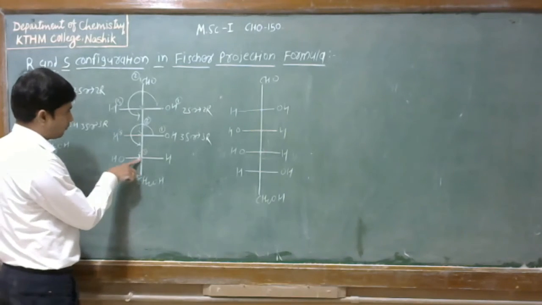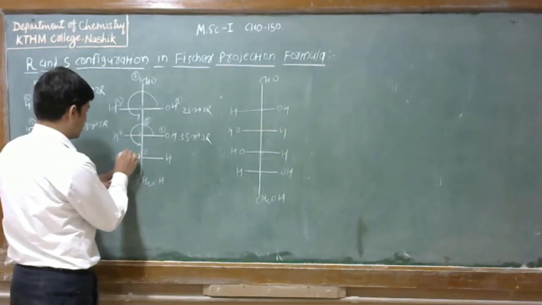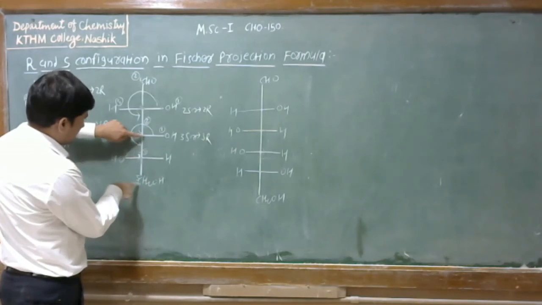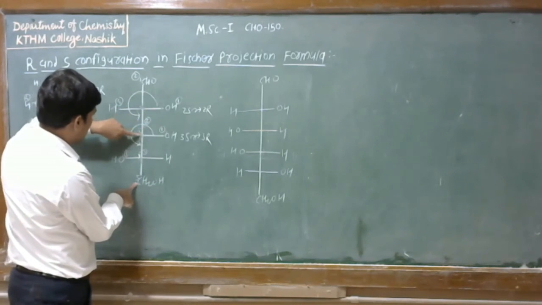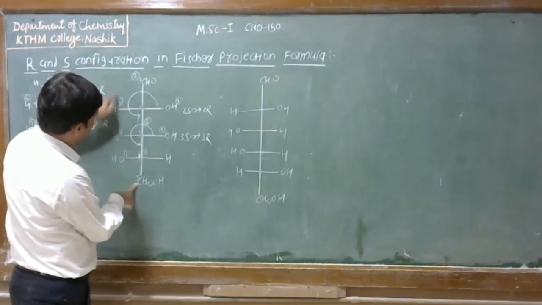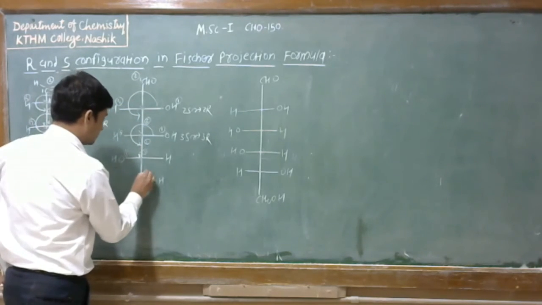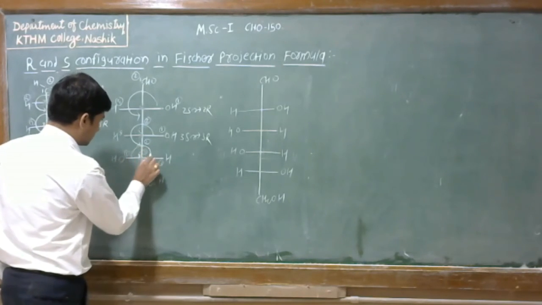In case of the fourth chiral carbon atom, see, this hydroxyl group has first priority, and now this is carbon, this is carbon, this carbon is attached to oxygen, this carbon is also attached to oxygen. But this carbon has all these groups, therefore this is the second priority group, this is the third priority group, and this is the fourth priority group. So we move from 1 to 2 and 2 to 3.